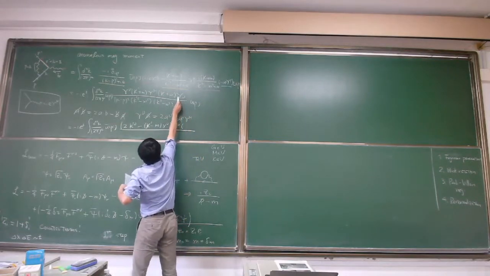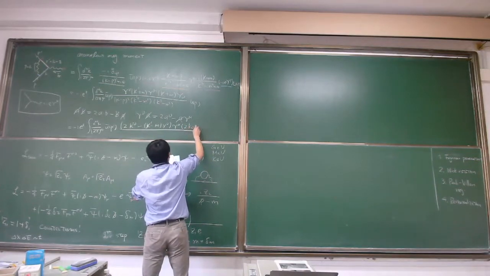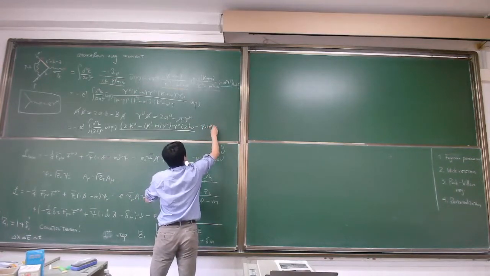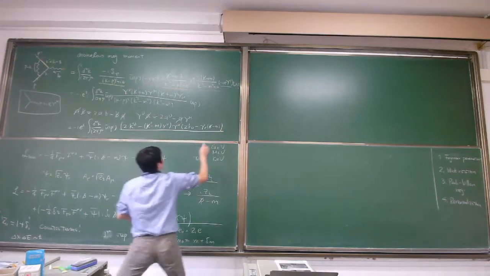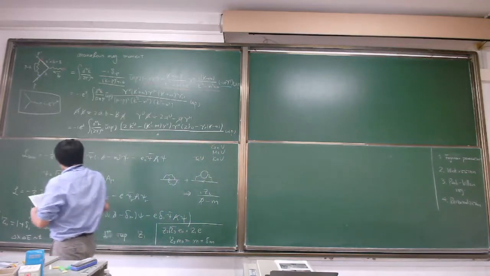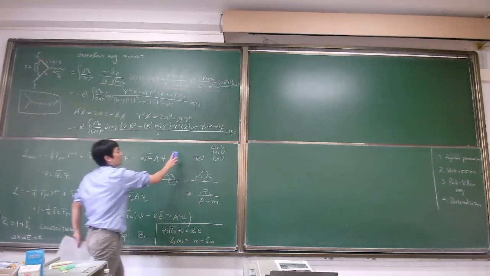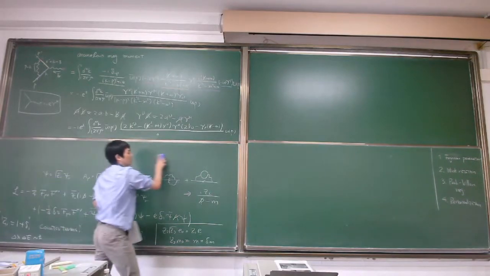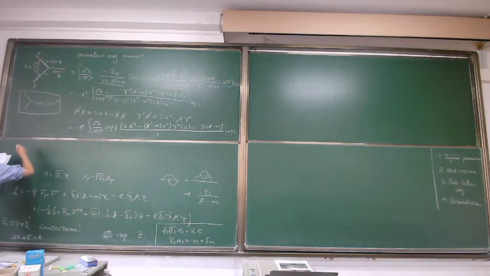So bring this one to the left, and what you get is 2k nu minus gamma nu k slash minus m, and this, and the u. So the denominator is the same. Unfortunately, I'm going to erase here because I want to continue here.